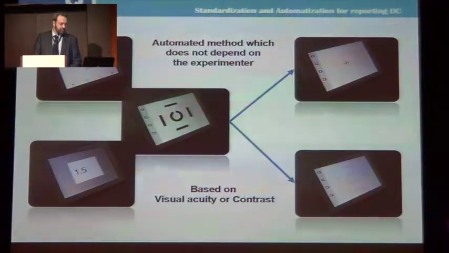So we are going to have an automatized method which does not depend on the experimenter. It's very important to have a very standardized process, based on visual acuity or even on contrast sensitivity.